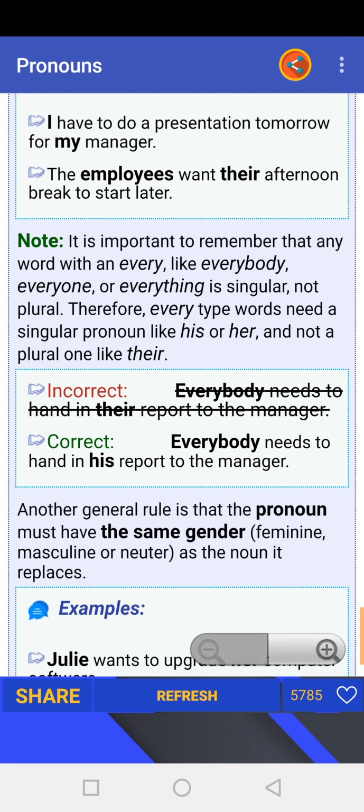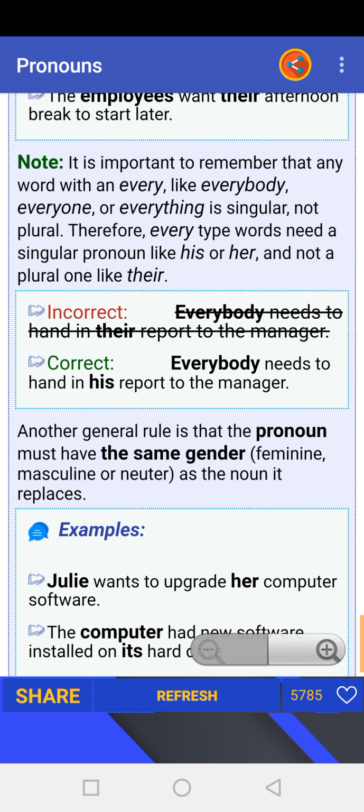So every word that begins with every is considered singular and not plural, and the pronoun that will replace it should be in singular form. So we use his and her, and we don't use their. For example, everybody needs to hand in his report to the manager. And it is incorrect to say everybody needs to hand in their report to the manager.